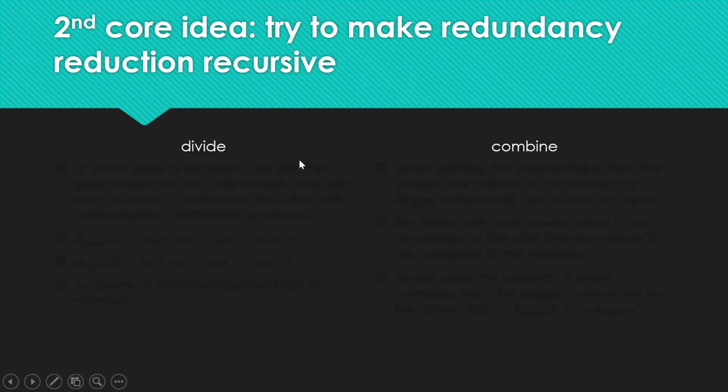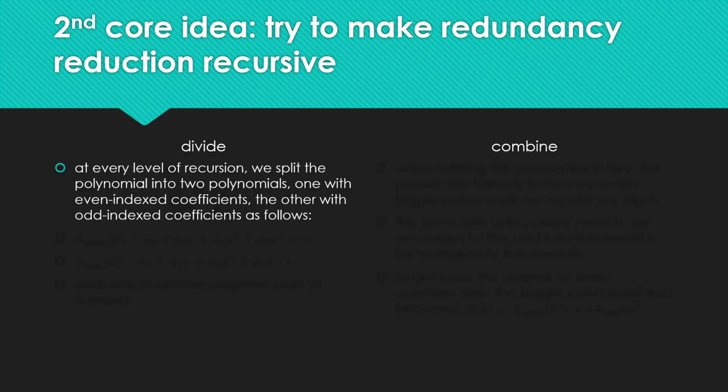So the second core idea is to try to make the redundancy reduction recursive. For our divide step, at every level of recursion, we split the polynomial into two polynomials, one with even index coefficients and the other with odd index coefficients, as follows in general.